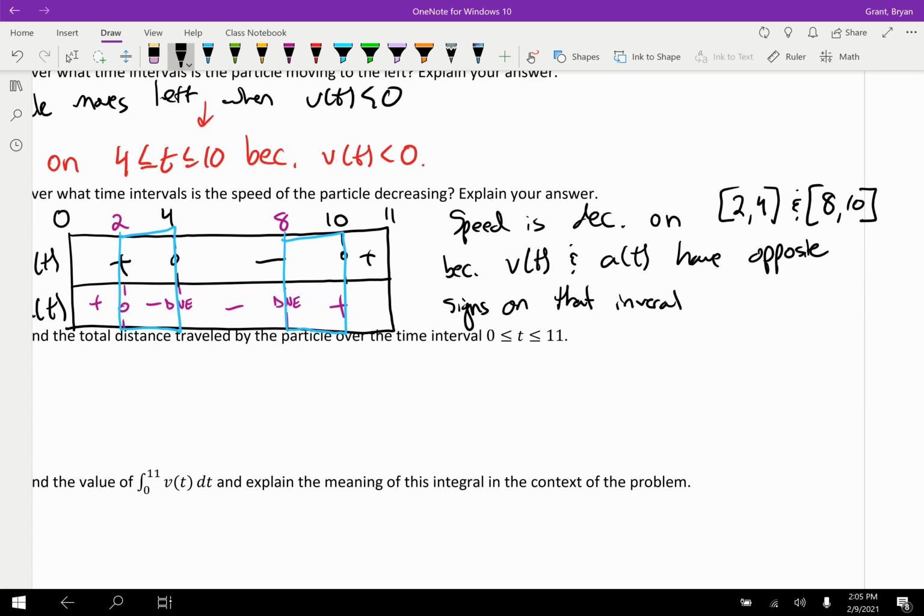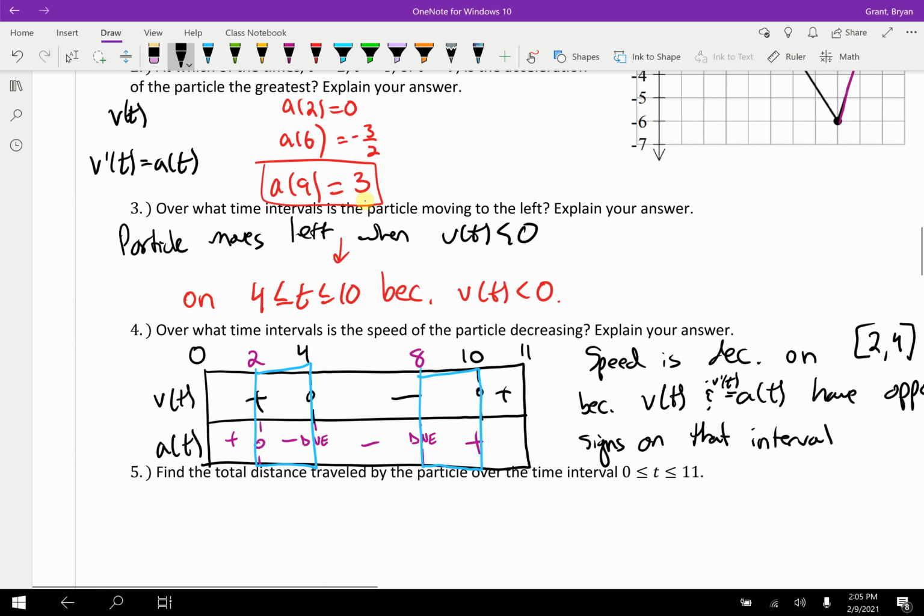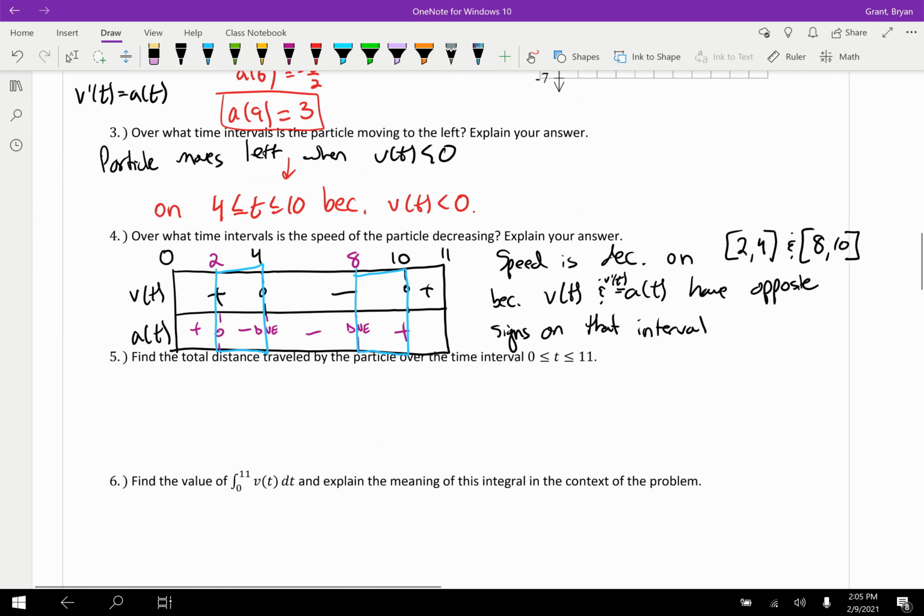You could argue that it would be safer to say v prime of t and a of t have opposite signs, because they didn't give you the graph of a. However, I did also state up here that v prime equals a of t, and they'd use that later on, so just something to think about.